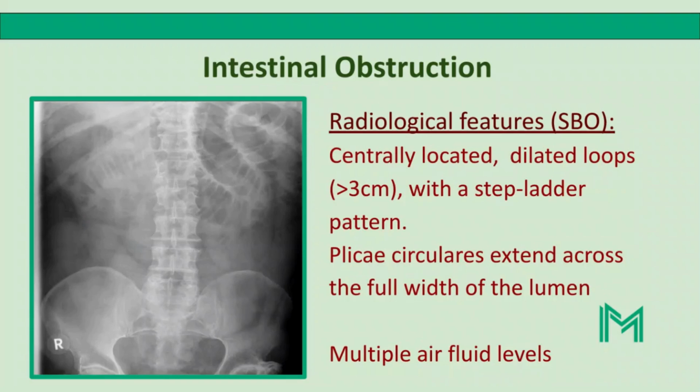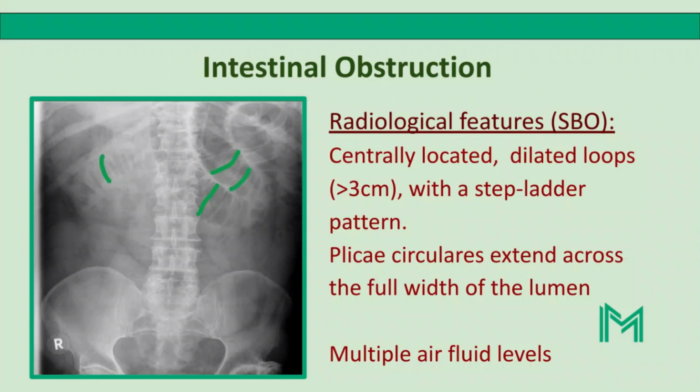This is in contrast to small bowel obstruction, where you see that the bowel is more centrally located. There are dilated loops, and the mucosal folds extend across the full width of the lumen. We call this the plicae circulares or the valvulae conniventes.